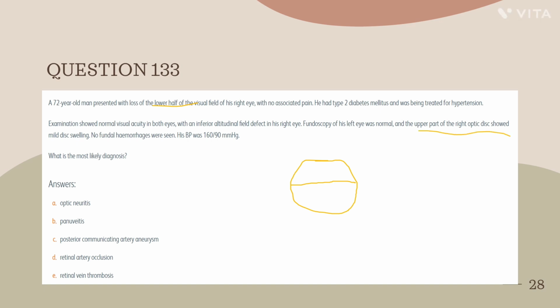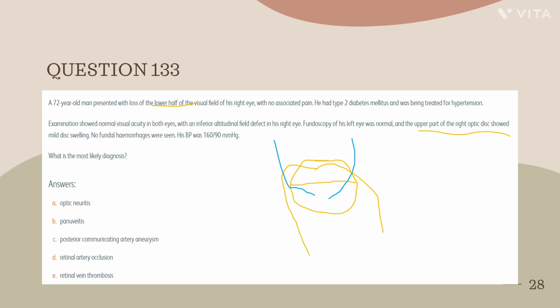So the lower part of the visual field, the sensation is received by the upper part, and the lower part of the optic disc receives images from the upper part. Okay, it is reverse. The nasal field receives information from the temporal field. The temporal field receives information from the nasal field. There is a crossover. At that point also there is a crossover, and the nasal fibers are also crossing at the chiasma. Remember that.